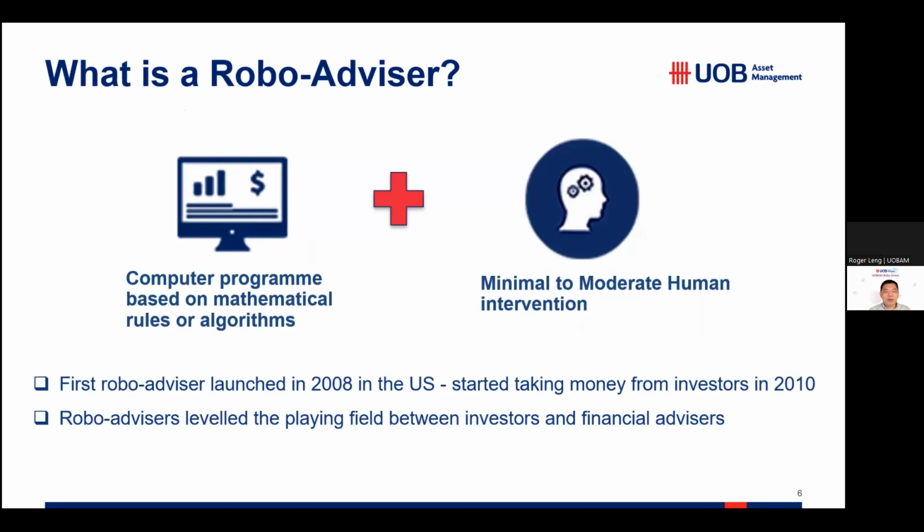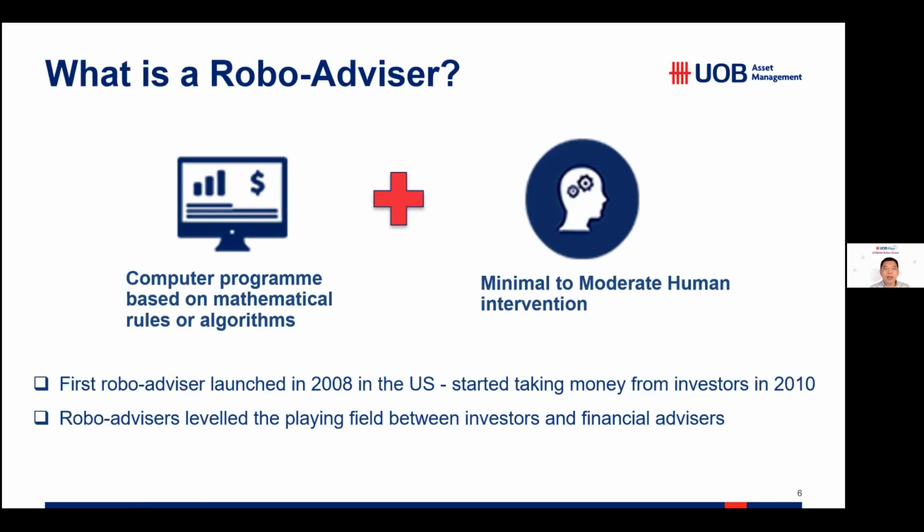Great that most of you have not had any experience with robo-advisors. I think this is probably a good introduction. What really is a robo-advisor? A robo-advisor, boiled down to its simplest form, is really a computer program or computer algorithm that basically designs your investment portfolio for you based on usually two things.